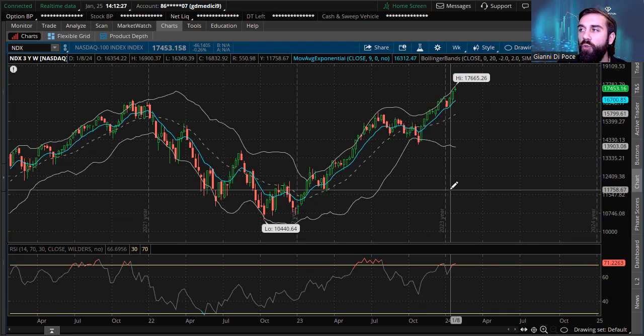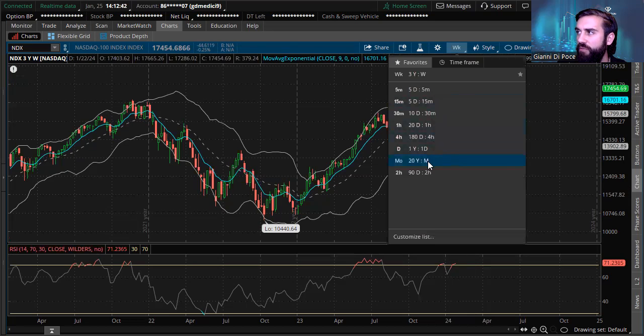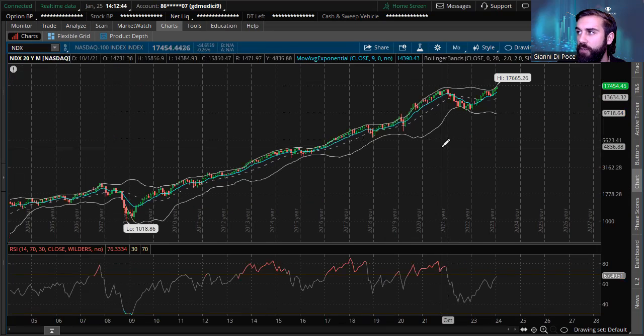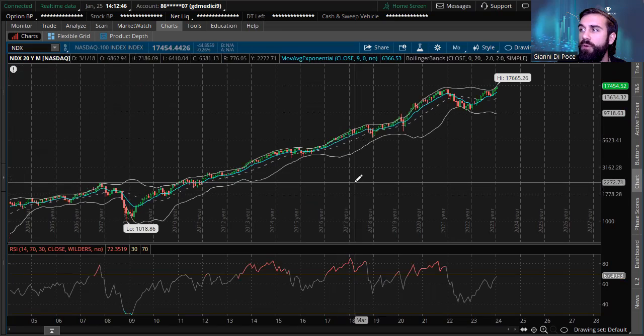And the way that I use support and resistance, I like to give a greater weighting to horizontal levels of support and resistance versus sloping support and resistance. Well, what does that mean, Gianni? Well, I'll explain that in a moment. But I'm going to start off on longer term time scales because whenever a longer term level of support or resistance breaks, it is more significant.